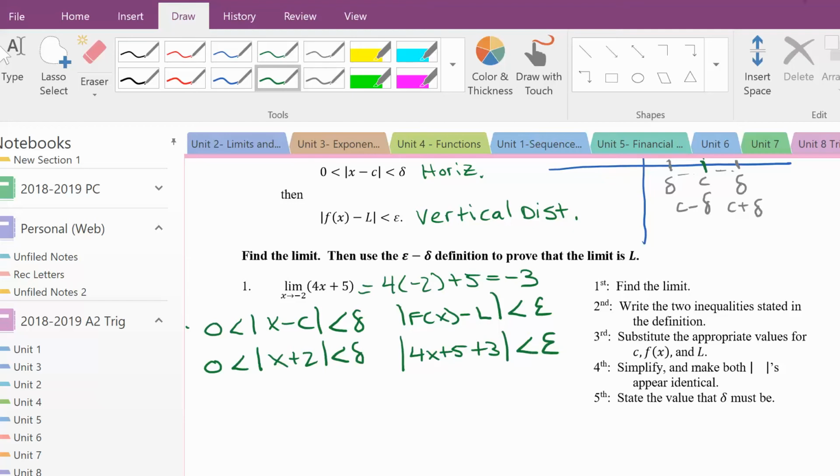Now you want to make the absolute values appear to be identical. So we have to change this in order to be x plus 2. If I add 5 plus 3, I get 4x plus 8, and then I can factor out the 4.